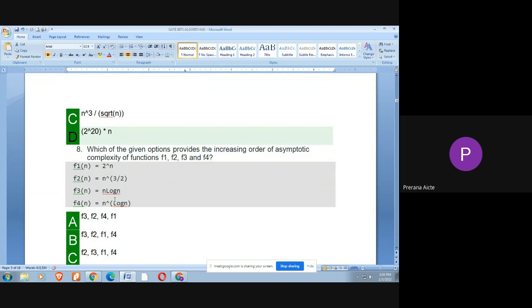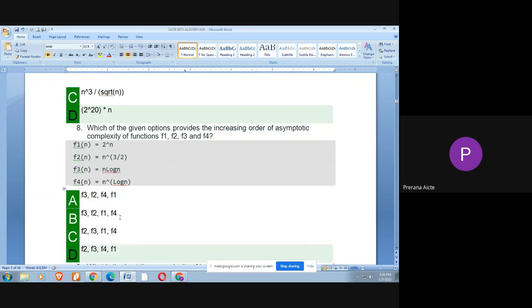So f1 grows faster than f4. So first we have f3, next n power 3 by 2, next n power log n, next 2 power n. So f3, f2, f4 and f1. So the answer is option A.